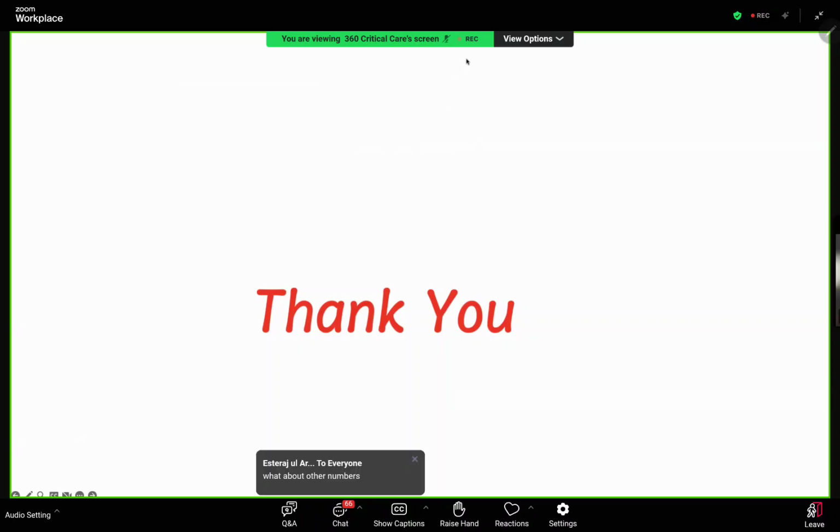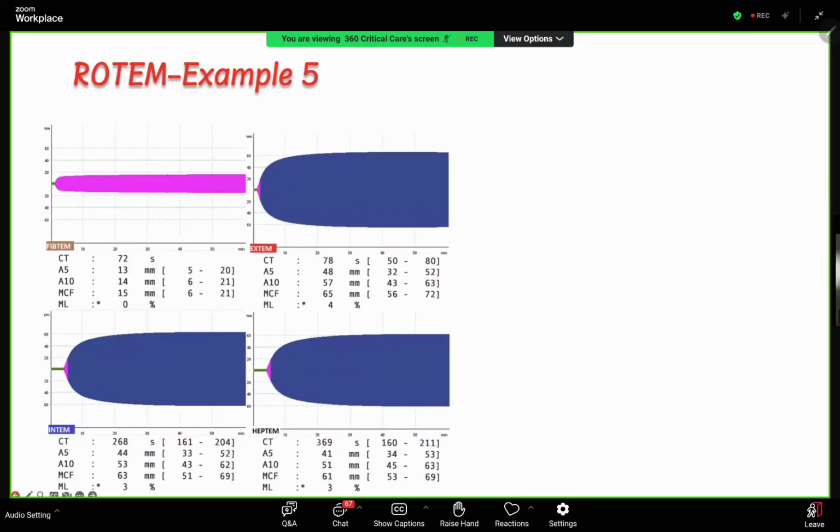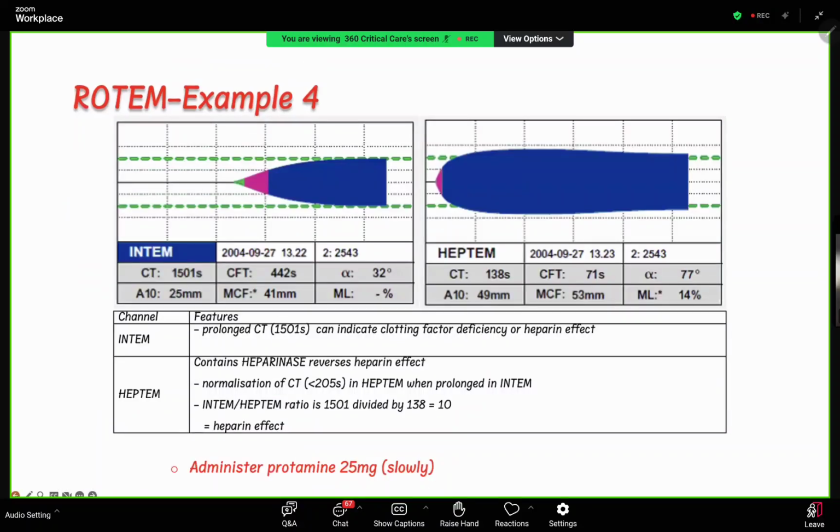What about the other numbers? The previous two slides' answers, we discussed that already, didn't we? So this is the question. You mean this one? This is the heparin excess, because your clotting time is high in the INTEM, and that gets better in the HEPTEM.